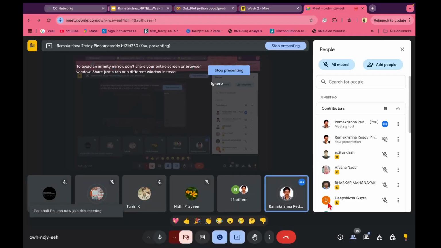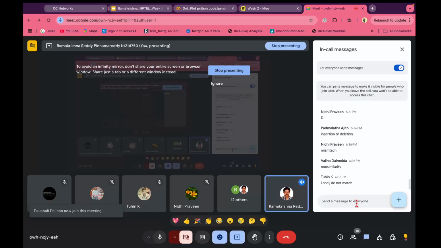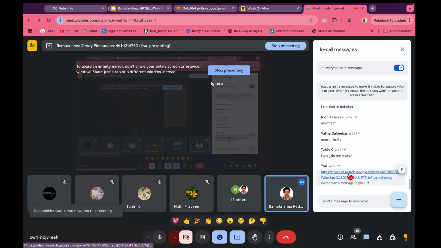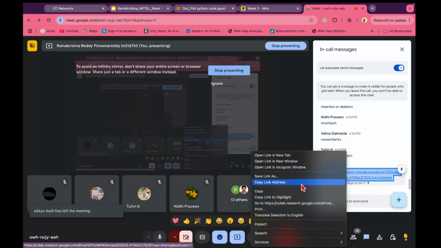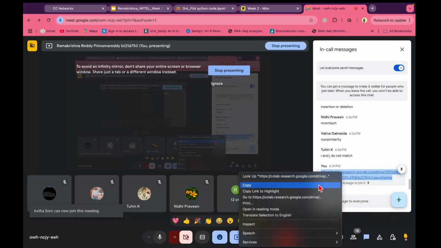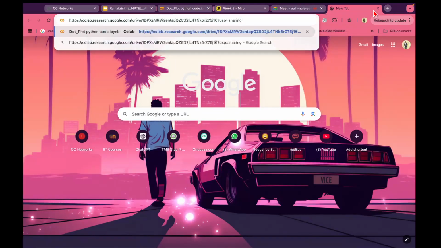So now I'll be sharing a code, a link in the chat box, which is a Google Colab. You can directly copy paste. I'll wait. You can copy this link that I have shared, then go to your browser and paste it.